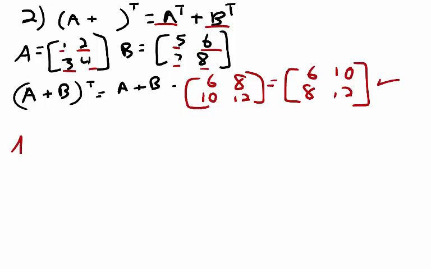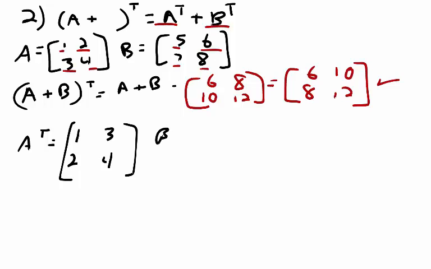So here, now let's calculate the transpose separately. So transpose of A gives us 1, 2, 3, 4. Transpose of B equals 5, 6, for our column, 5, 6, 7, and 8.